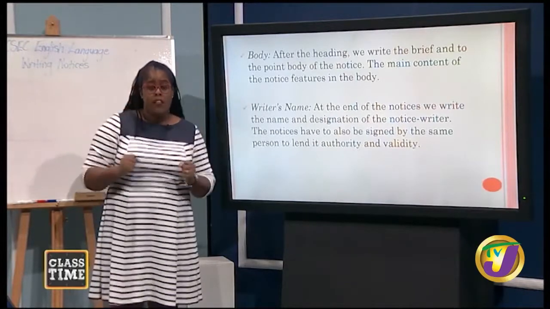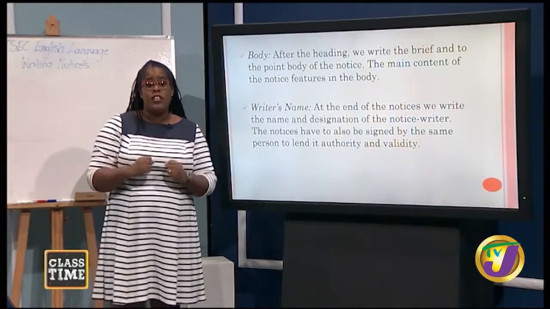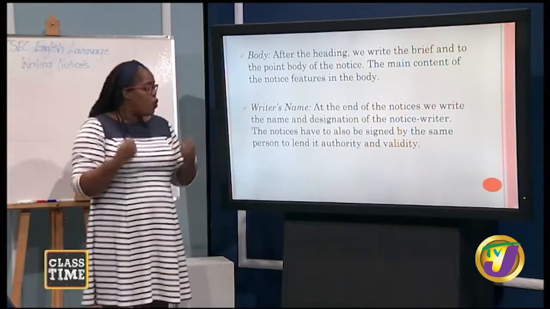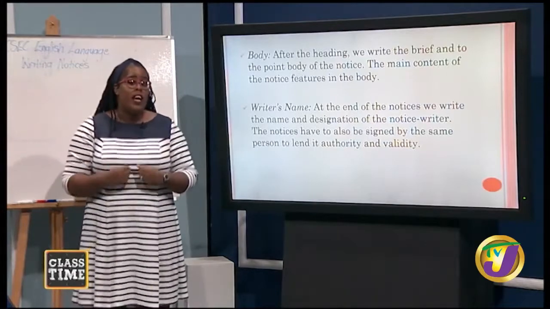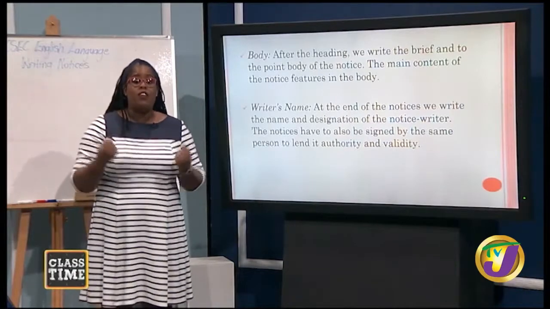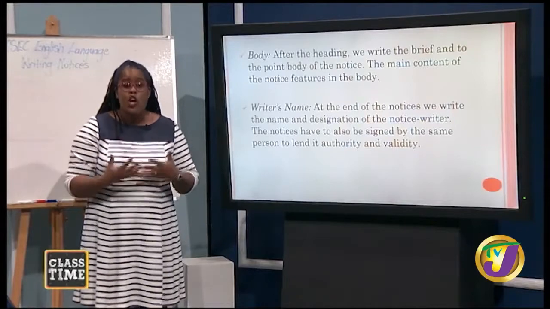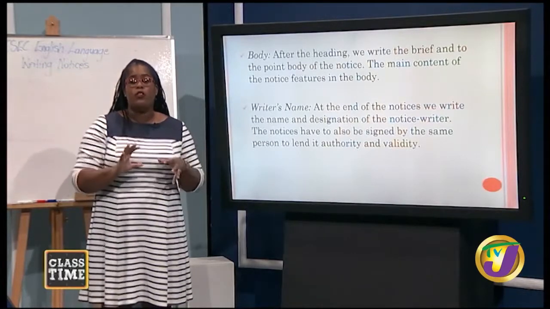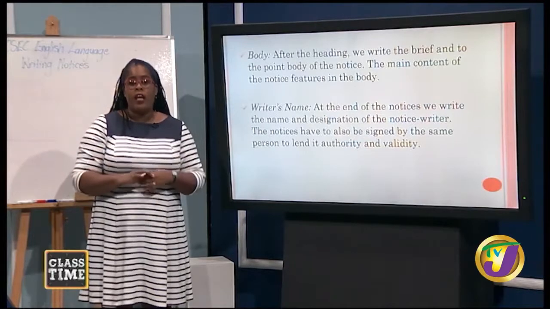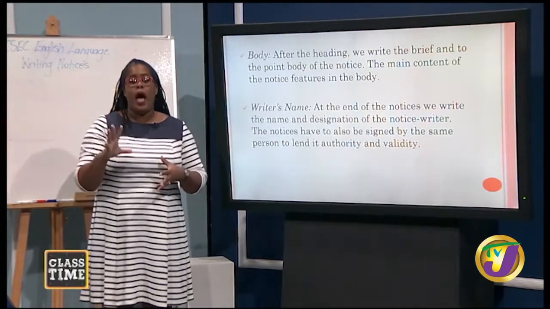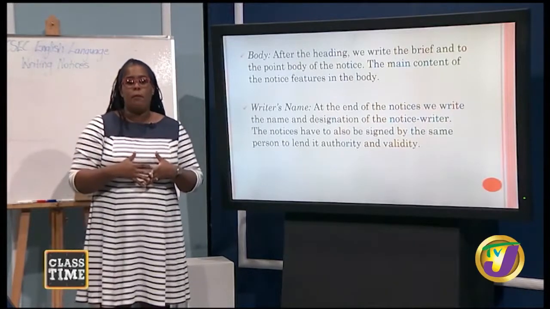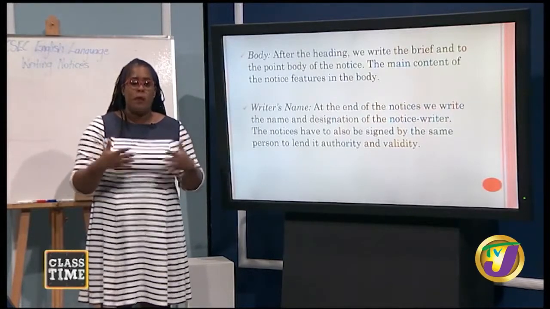So, bigger heads write this down, so you know that it is something that they mean and that they're standing by. So, here it says, when you see signed management, it lends authority and validity to the notice. So, when you put the signature there of the person who instituted this notice, we know that this is something important and these persons mean business.